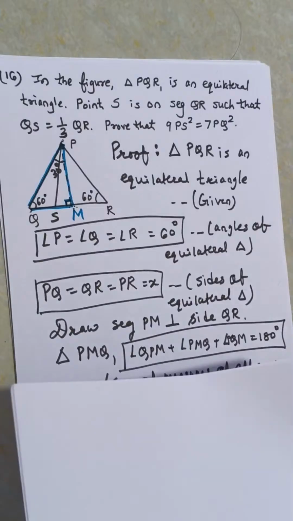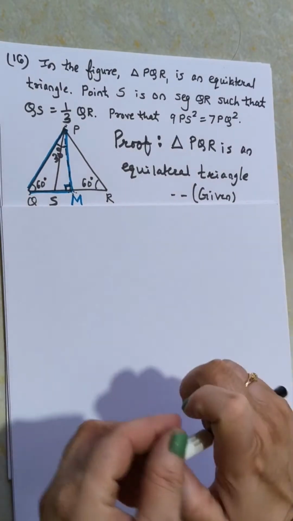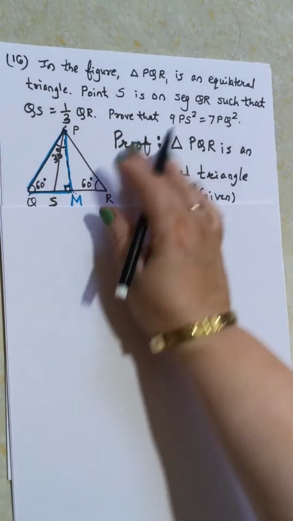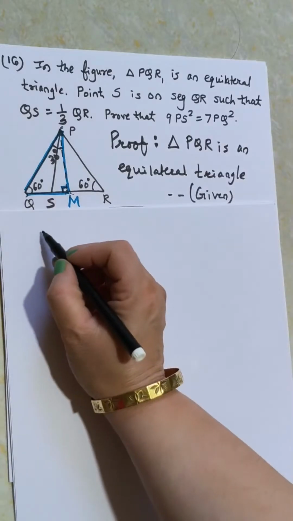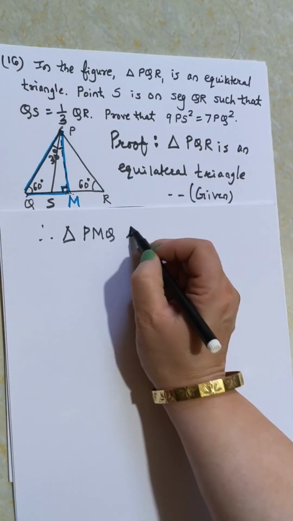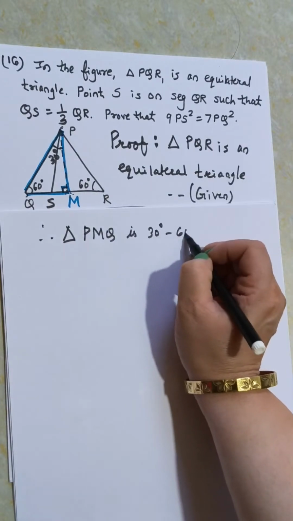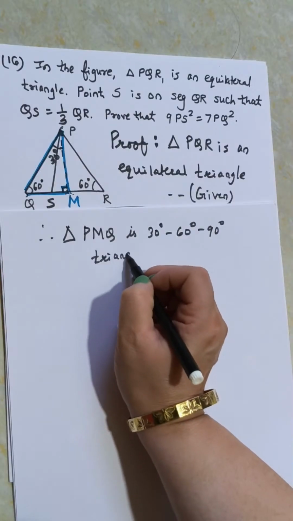So let us take this triangle PMQ and use the 30, 60, 90 degree triangle theorem. Therefore, triangle PMQ is a 30, 60, 90 degree triangle.